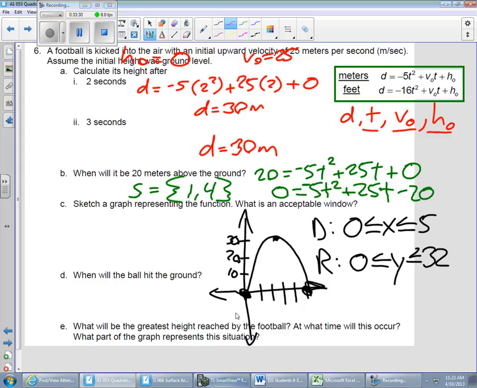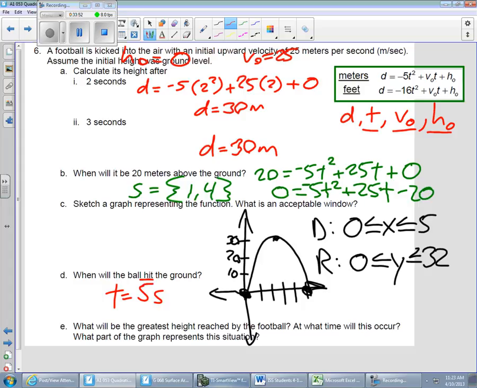It's obviously going to be at the ground at 0 seconds at the beginning of the experiment. It's going to be at the ground at 5 seconds. But I think the use of the word hit, when will the ball hit the ground? That's when it's coming back down. So I think that would be time equals 5 seconds.